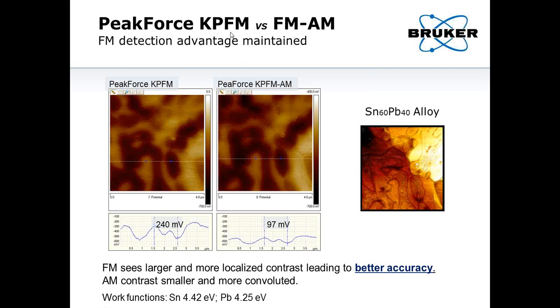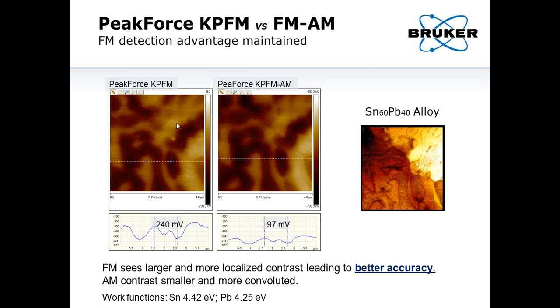With Kelvin probe force microscopy, you can measure the potential difference or work function difference between your tip and sample. In this case, the darker area corresponds to the lower work function, that's lead. And the brighter area, the higher work function part, is tin. So you can see how they mix together, and what the potential difference is there.